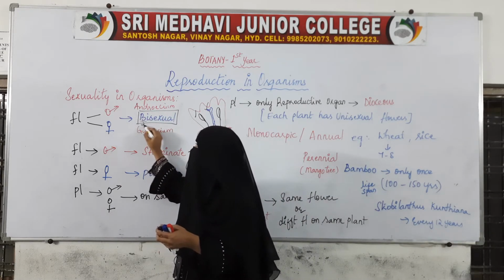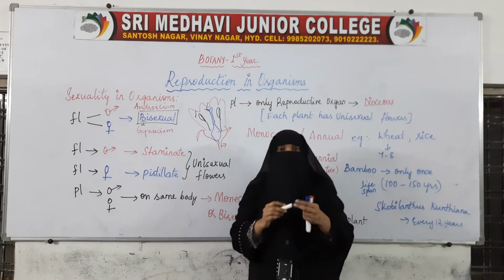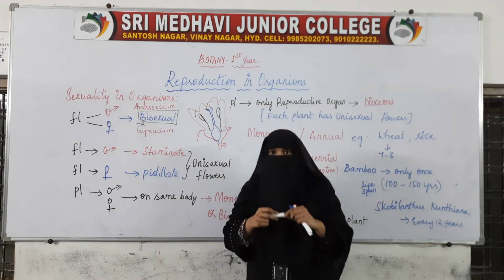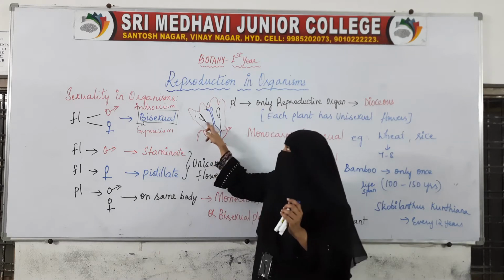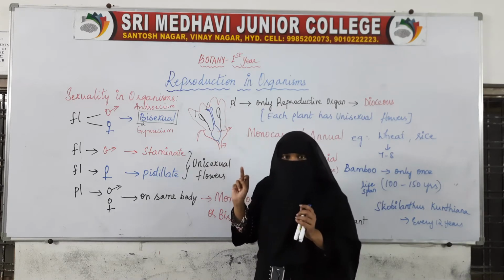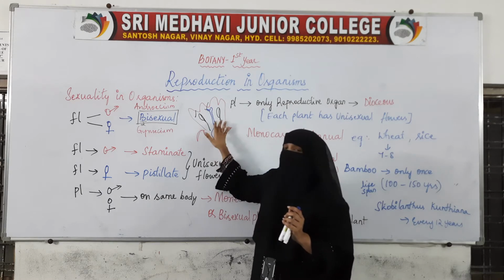Bi means two; both the sexes are present.